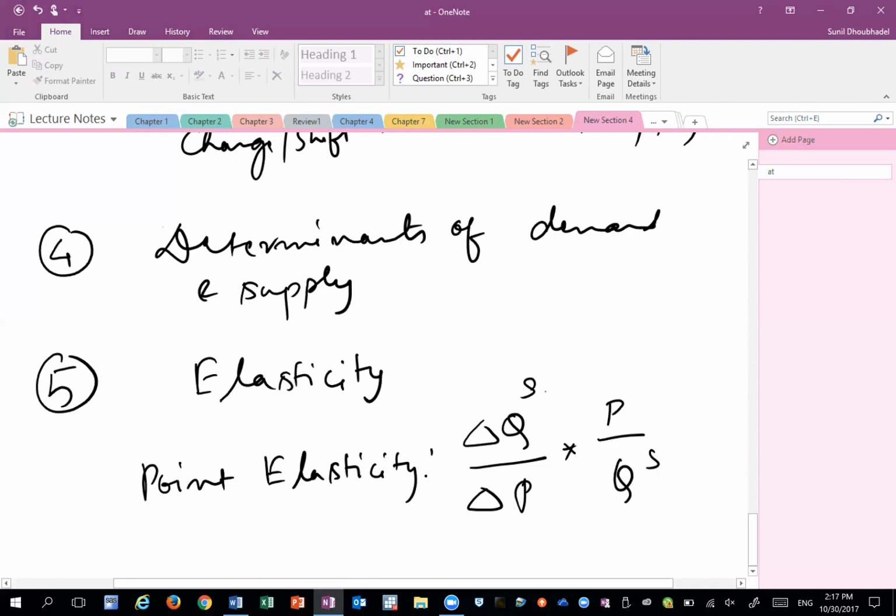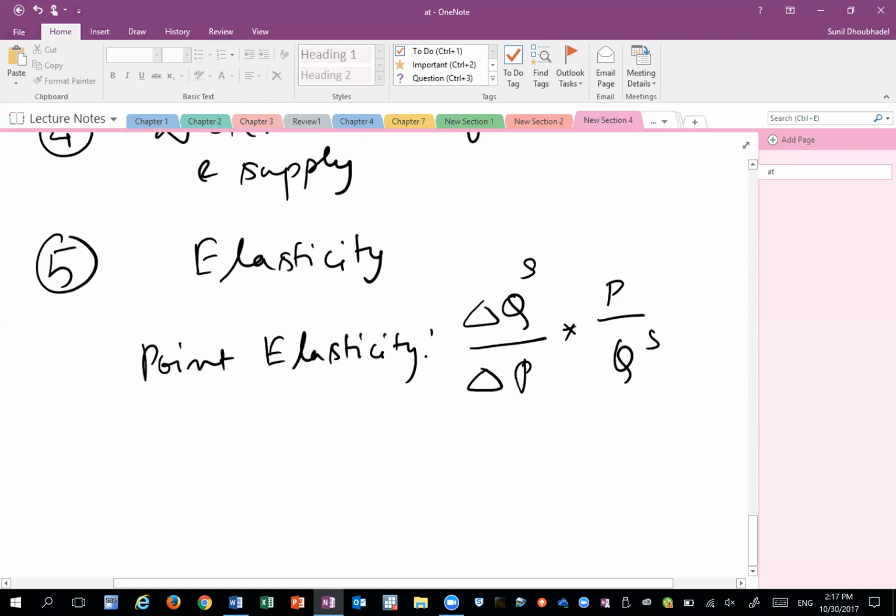You can replace quantity supplied with quantity demanded, and that would be point elasticity of demand. So we have to know that mathematical formula. Not only that, we did the math using some examples, right? You need to know how to do those calculations, just like what we did in the class.